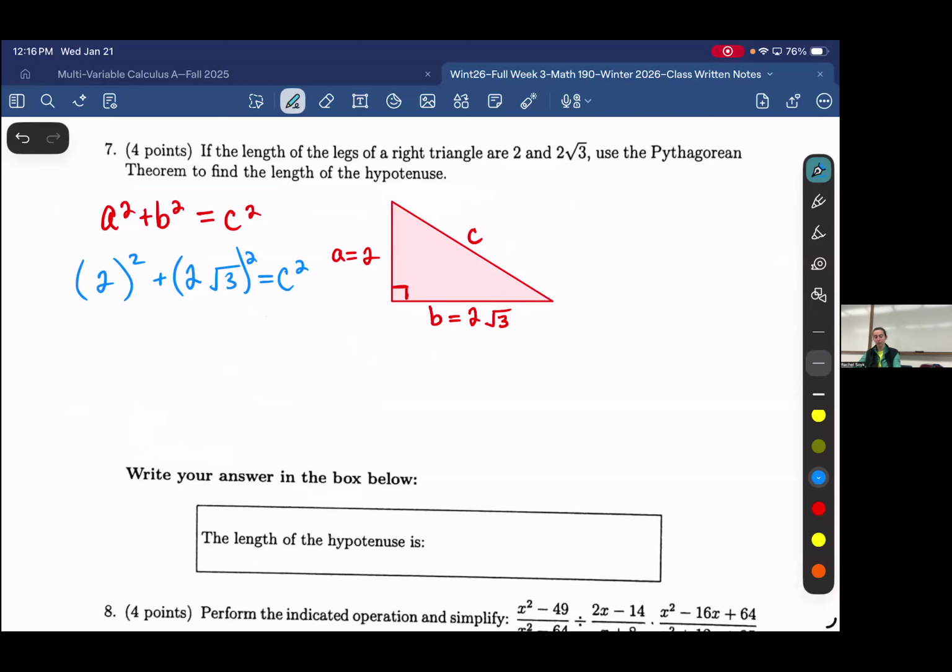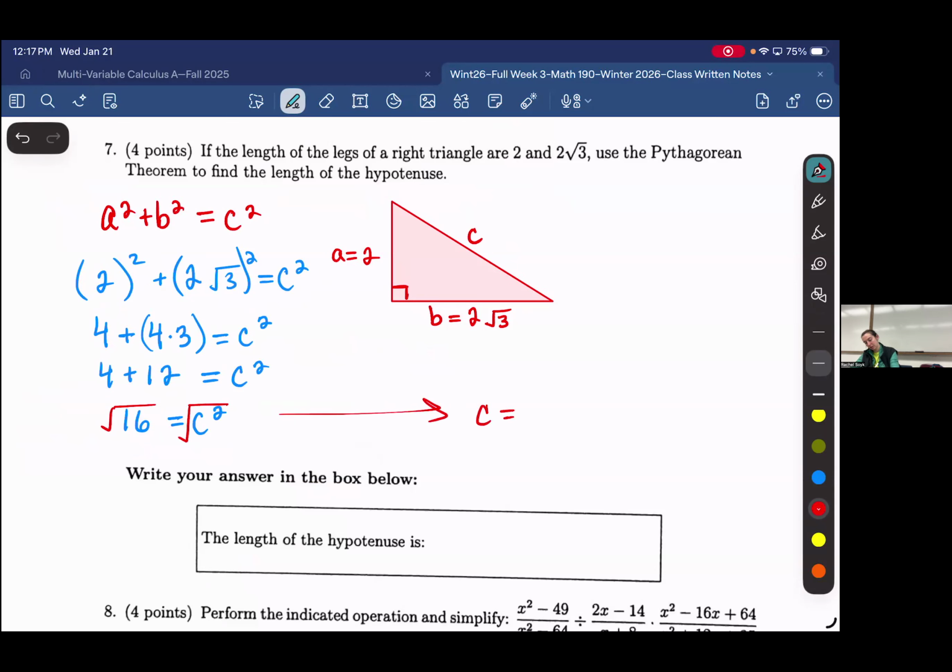So essentially, we're just solving for C. 2 squared is 4. 2 square root of 3 squared is the same as 4 times 3. 4 times 3 is 12. And 4 plus 12 is 16. And what's the square root of 16? Yeah, which is exactly what we said about 30 seconds ago. So C is equal to 4, which is our length of our hypotenuse.